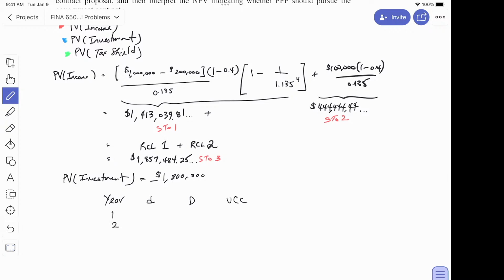So we're going to have 4 years. After the first year, we get to depreciate half of 28%, 14.3%. And this is used to calculate the big D.